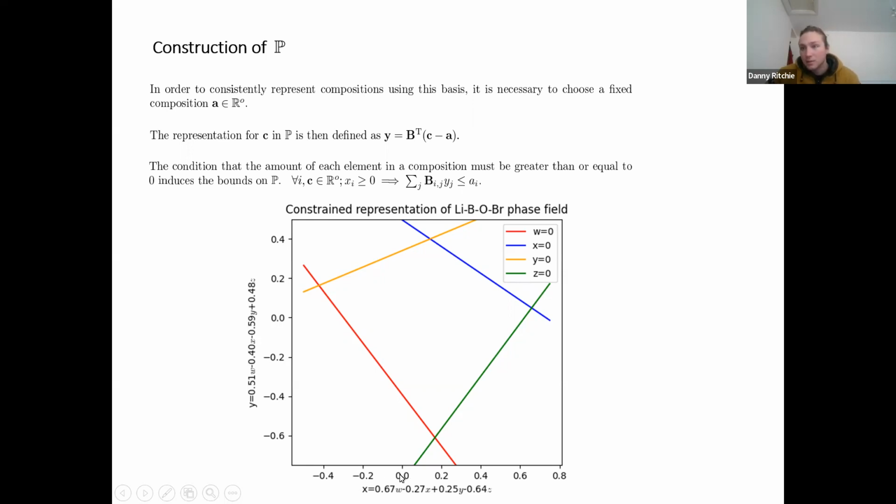Each one of these vectors will lie in the original 4-dimensional space, but you can express all chemically feasible compositions inside this space. And as you can see, for example, setting lithium equal to 0 translates to this line here, and so on for all the other elements. That's my construction of P.